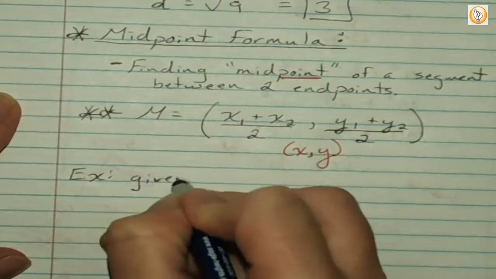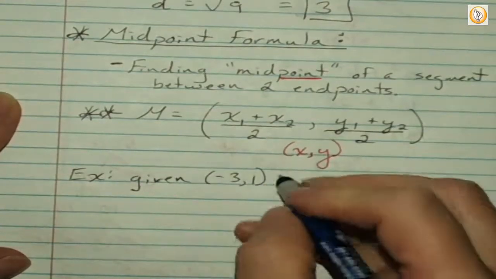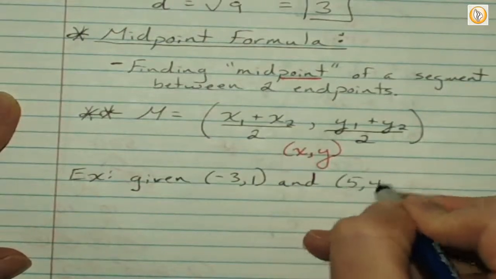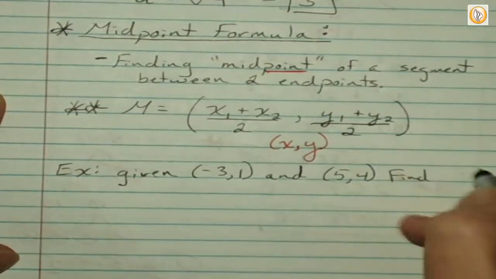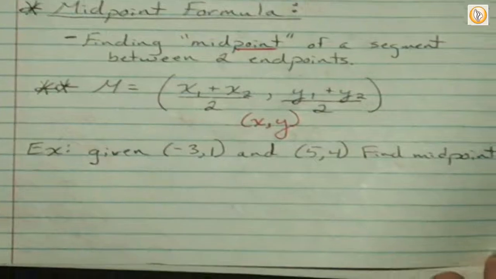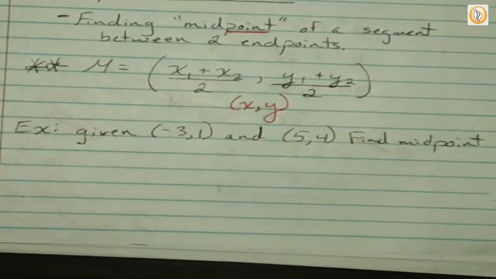Let's say you're given -3 and 1 as one endpoint and 5 and 4 as the other endpoint. And we're going to find the midpoint. Now, in the past, like when we did slopes, if you forgot the slope formula, I've found students that'll sit there and graph the line and then just count and figure out the slope that way.